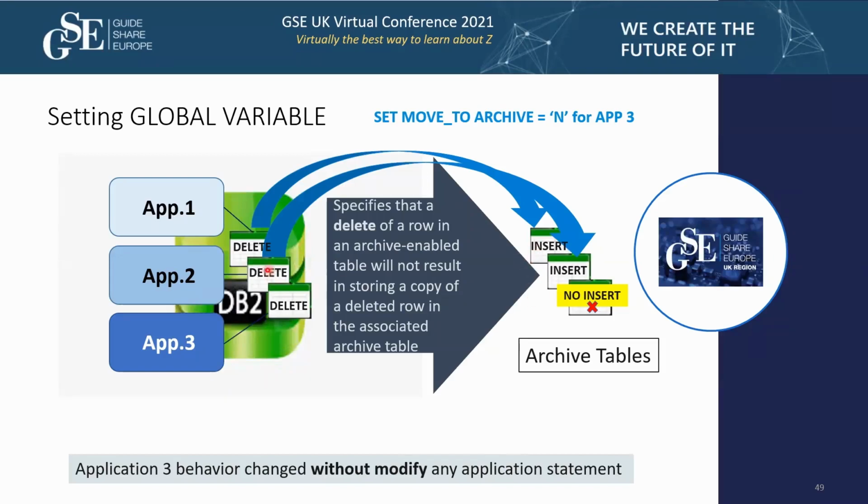So normally when you delete a row here, DB2 automatically will insert this row in your archive table. But for some reason, you might not want the automatic insert for a specific condition, for a specific application, maybe application number 3 in this case.